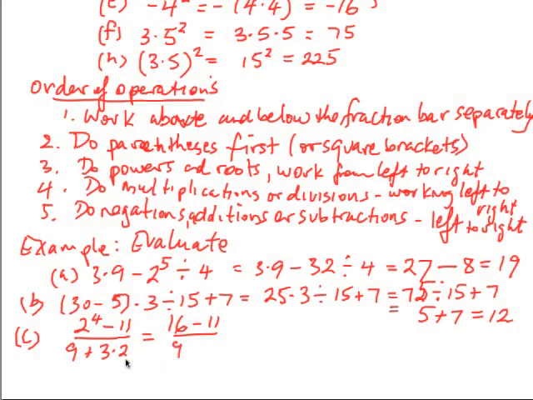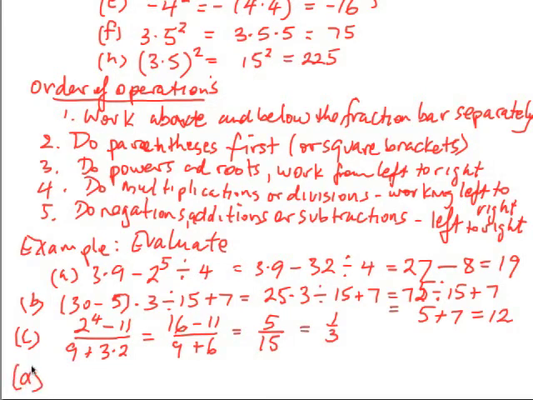Here it'll be 9. Multiplication comes first, 3 times 2 is 6. So this becomes 16 minus 11, which will be 5. And this will be 9 and 6 is 15, so I get 5 over 15, 5s into 15 go 3.